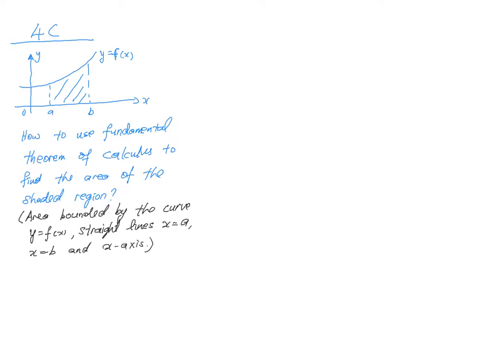Okay, so how are we going to start this? Every time when you start this, you must write down this statement, that is capital letter F(x) is the antiderivative of y equal to small letter f(x).